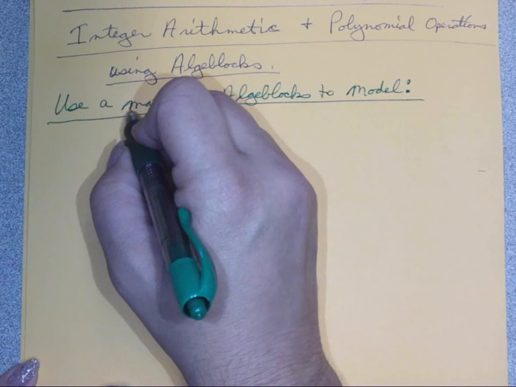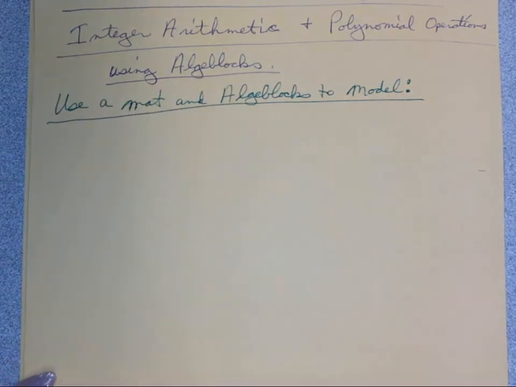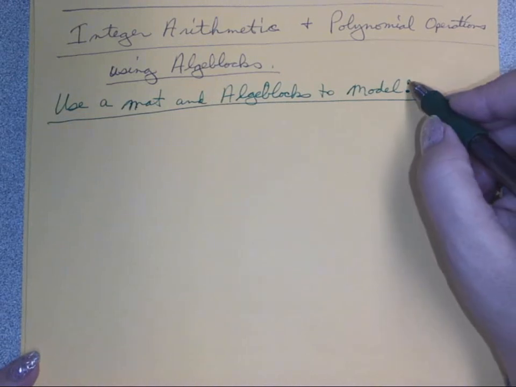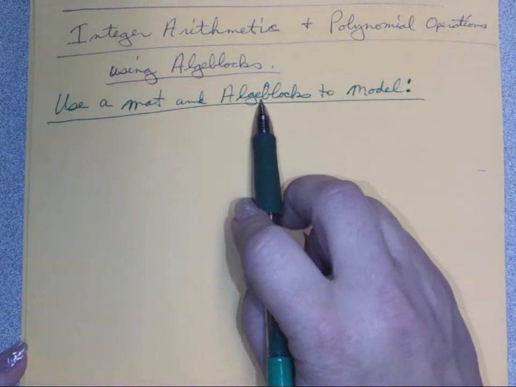Okay, and I'm going to tell you right off the bat that some of this stuff I will be doing is a little more advanced. I'll try to stick with a lot of x and x squared stuff so that you can do it if you have your algebra tiles at home, but I am doing Algeblocks.